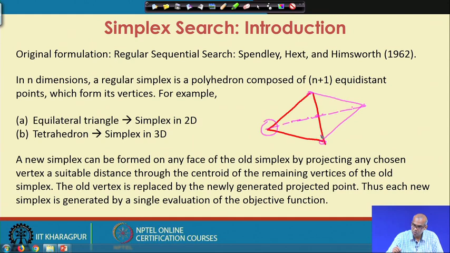So, the new simplex is now composed of this point and this point. So, this point is replaced by this point.